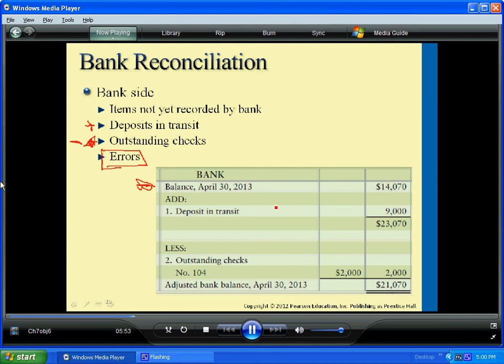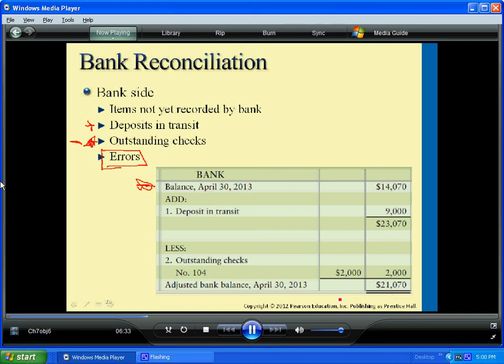Or if they put someone else's deposit into our account, we would have to allow for that. So on the bank side, these are items that are not yet recorded. You would take your bank balance, add deposits in transit, subtract outstanding checks, and add or subtract bank errors depending upon which direction the error goes, in order to bring the bank side into alignment.